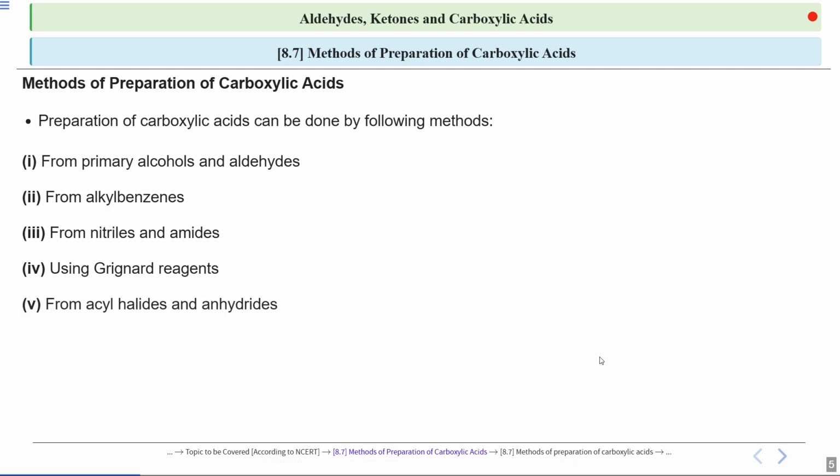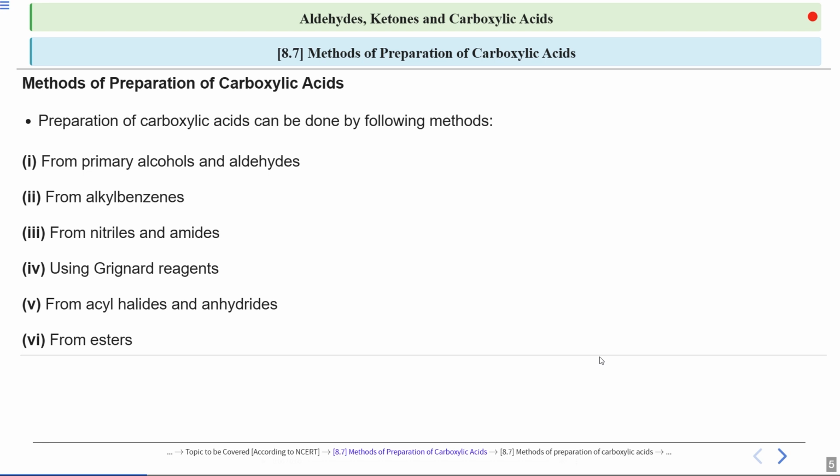We can also prepare carboxylic acid from acyl halides and anhydrides. These compounds can be hydrolyzed to form carboxylic acids. And finally, carboxylic acids can be synthesized from esters. This process involves hydrolysis of esters, which is a reversible reaction.